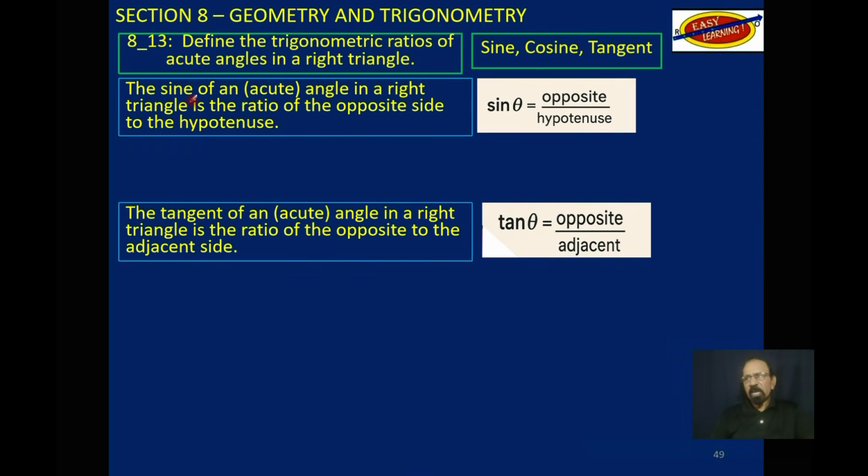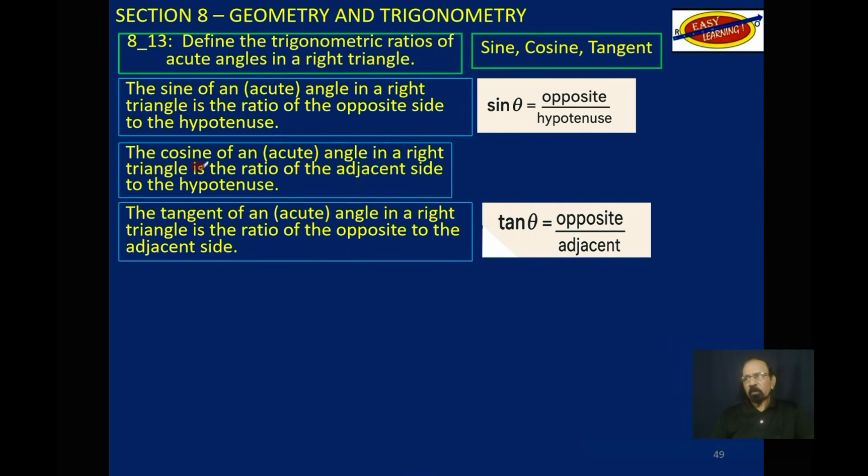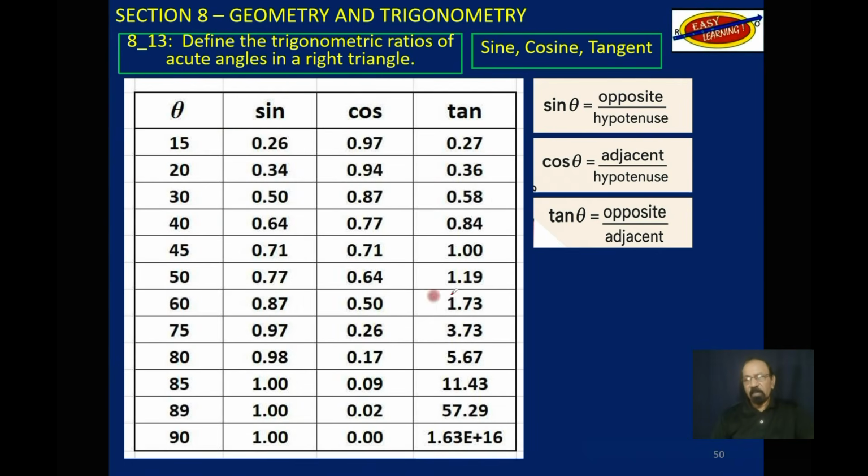So we talked about sine, we talked about cosine, we talked about tangent. So sine, cosine, tangent. All you were supposed to be able to do for this objective is to define these trigonometric ratios. If we put all of them together like this, you can see what the situation is.